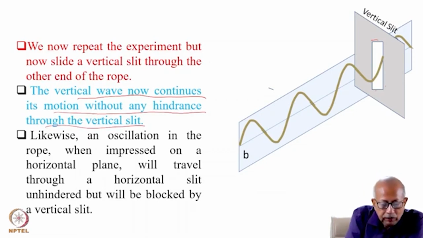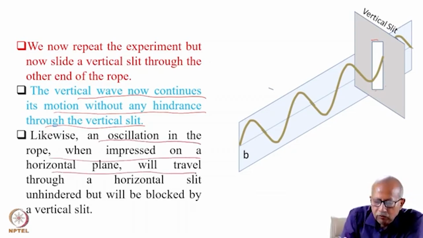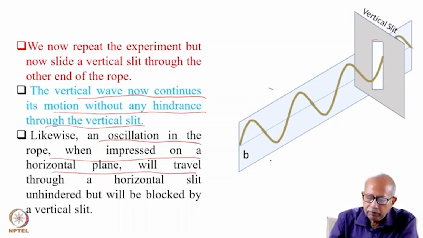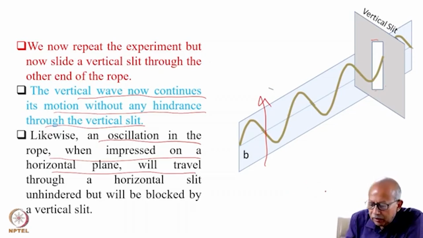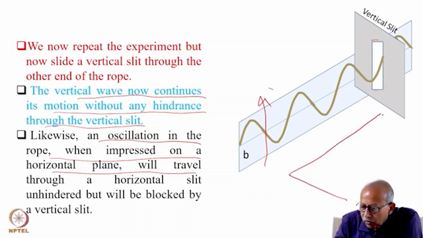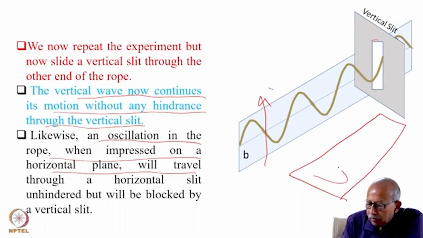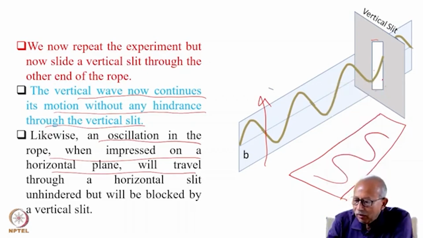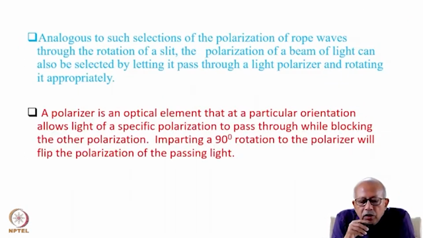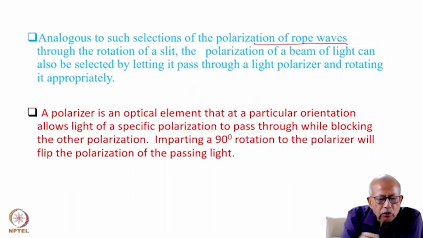Likewise, if you impress an oscillation of the rope on a horizontal plane, then the vertical slit will block it, and a horizontal slit will let it pass without any hindrance.